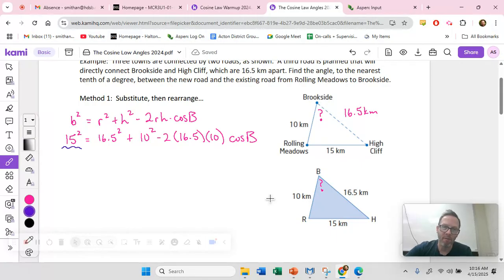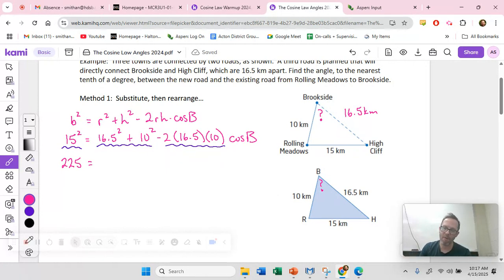We have to do 15 squared, 16.5 squared and 10 squared. We can add those together, but the 2 times 16.5 times 10 is being multiplied with cosine B, so we have to keep that separate. This is just my fatherly advice after doing hundreds, maybe thousands of cosine law questions. 15 squared is 225.